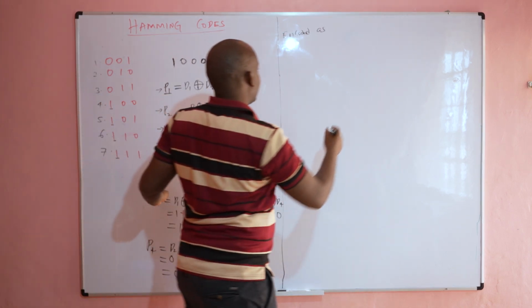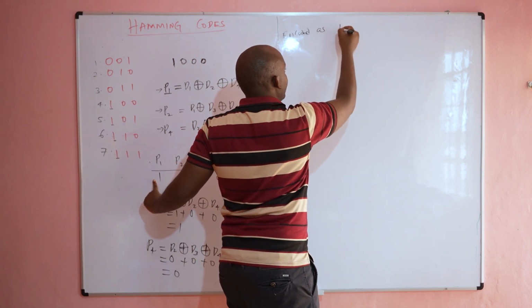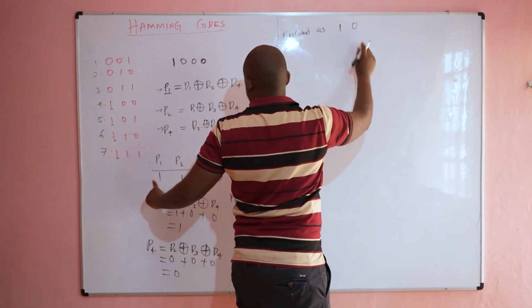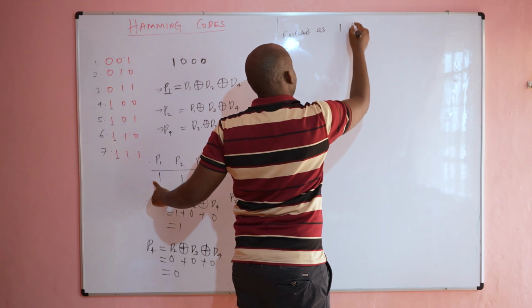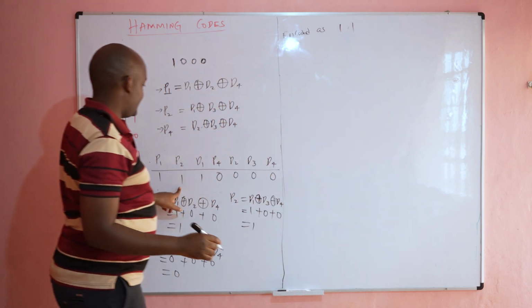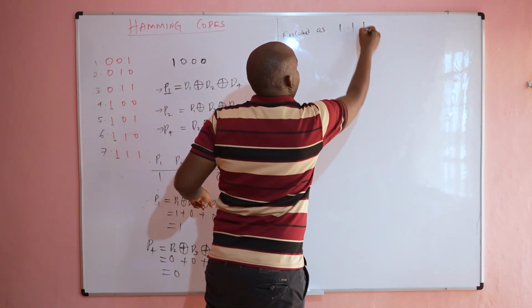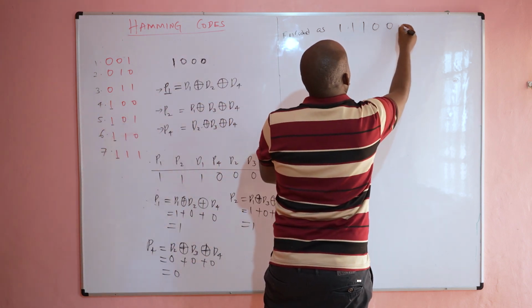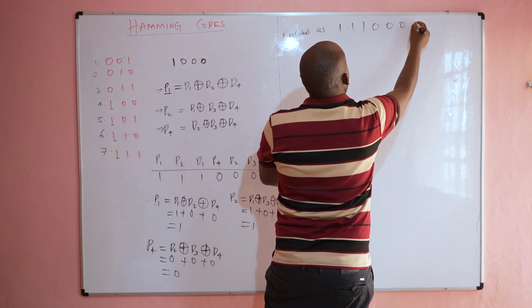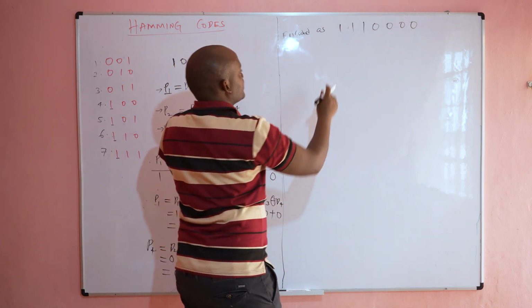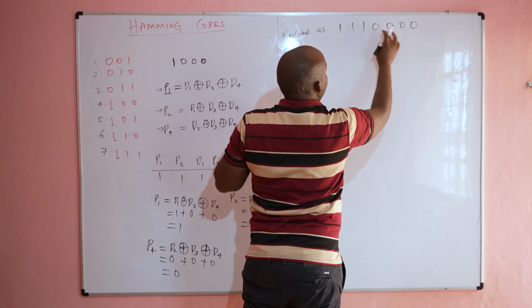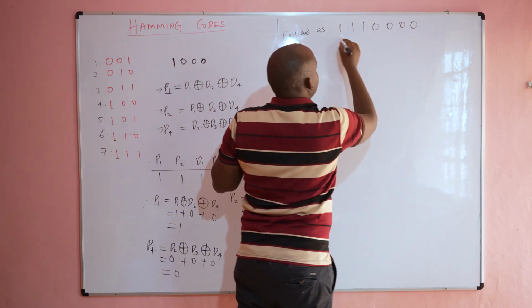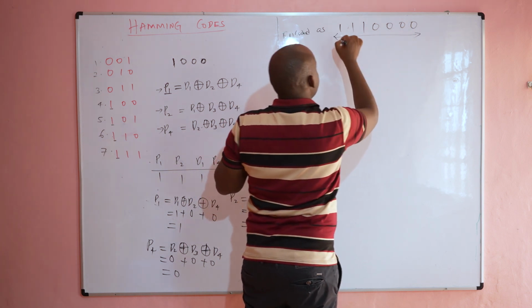Our data that is transmitted will be 1, 1, 1, then we have 0, 0, 0, 0. You can see in total we have 1, 2, 3, 4, 5, 6, 7. So that is the message that is sent to the receiver.